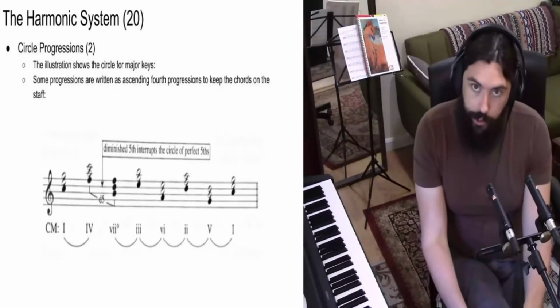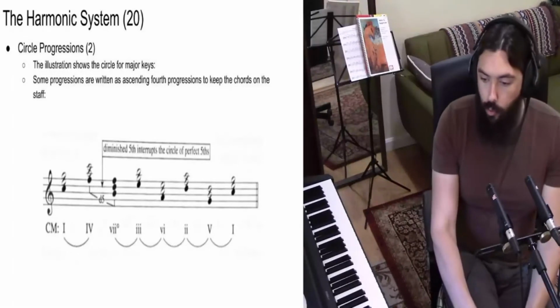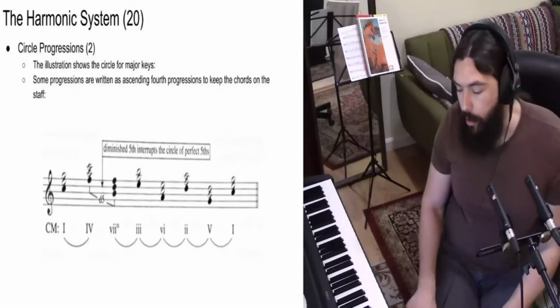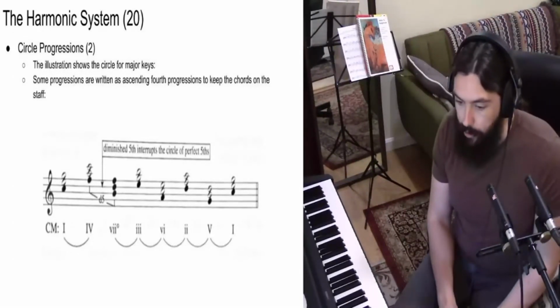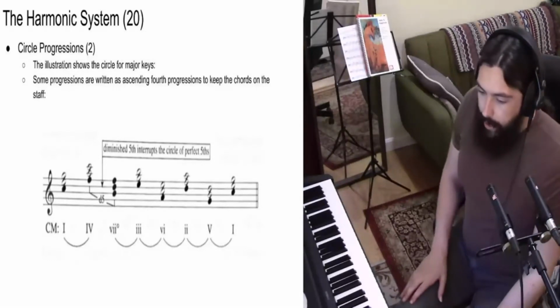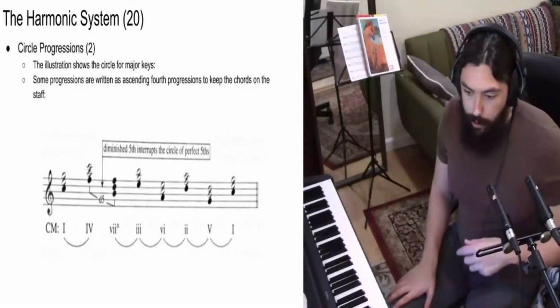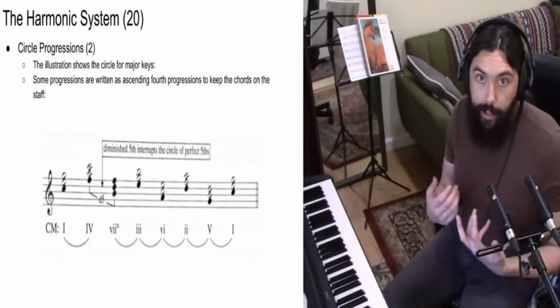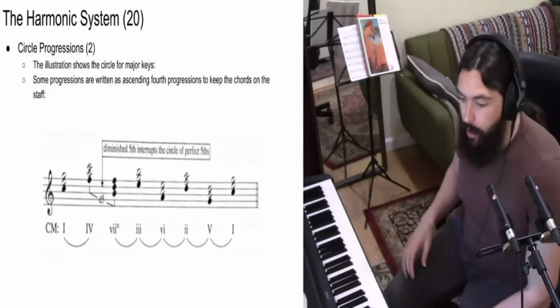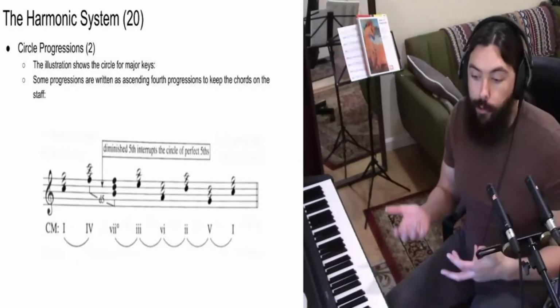The illustration here on slide 20 shows one such circle progression. Notice that circle progressions are written as ascending 4th progressions, and we're talking about the interval of the 4th.